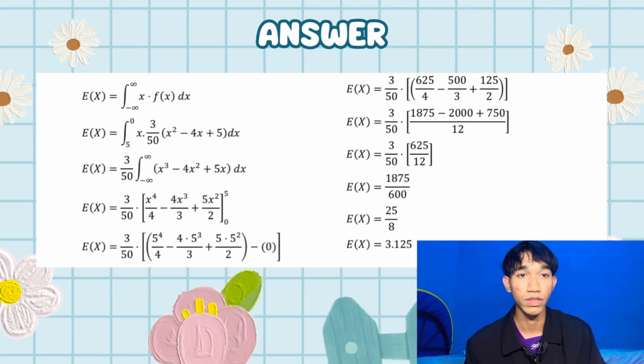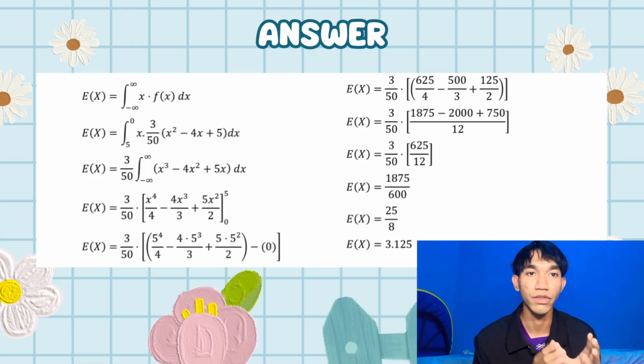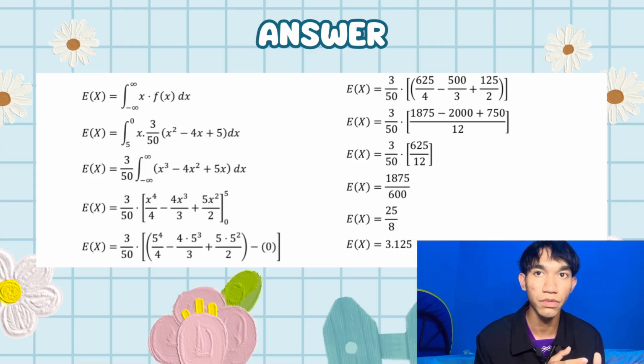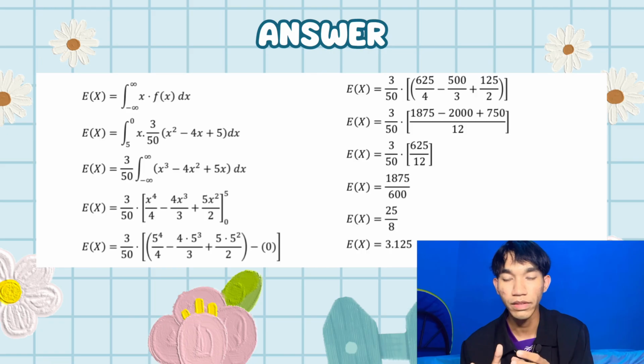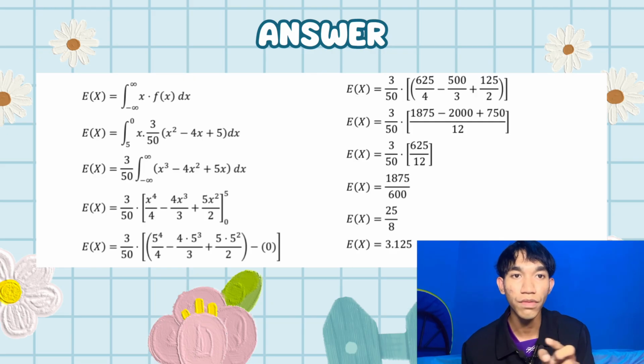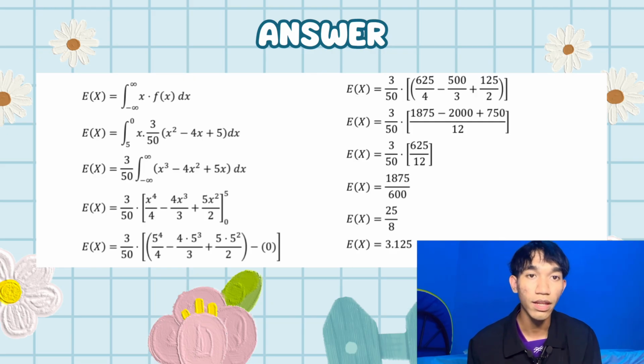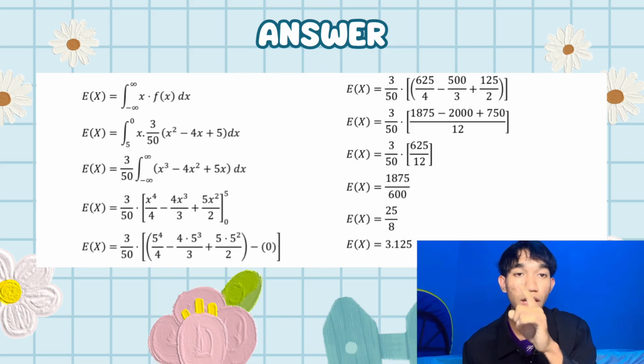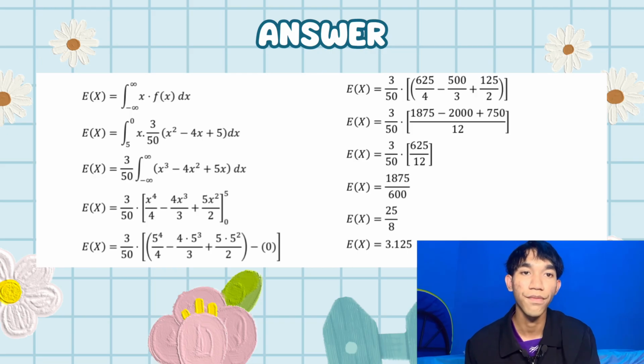To answer this question, we just need to use the substitution method, which is we substitute the value of the function first, which is 3/15 (x^2 - 4x + 5). And then we bring the 3/15 in front of the integration and change the limits to 0 and 5.